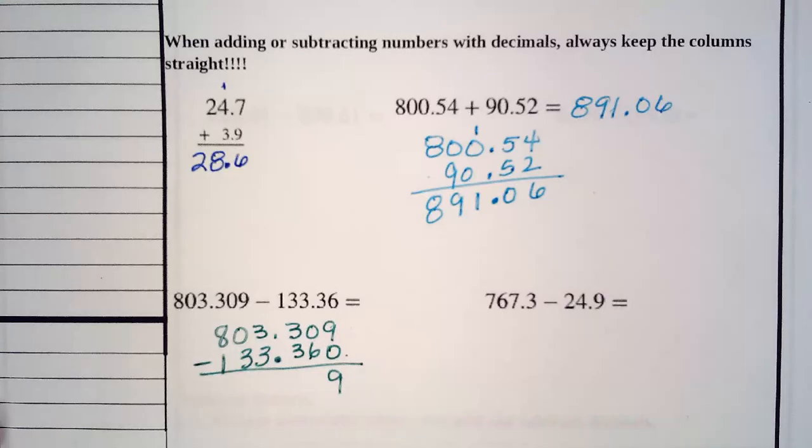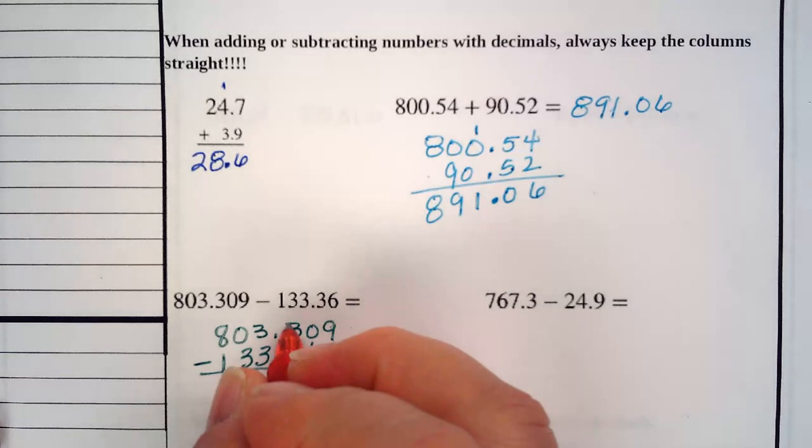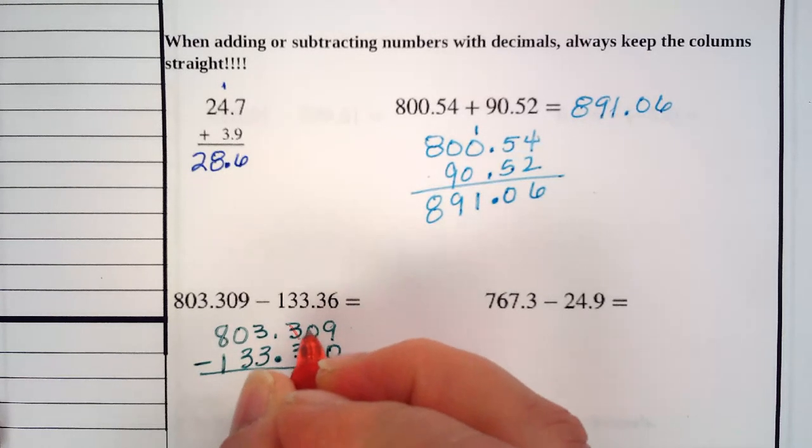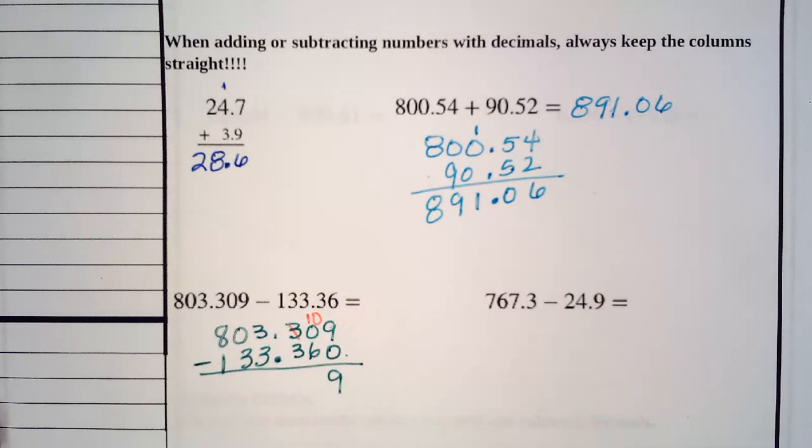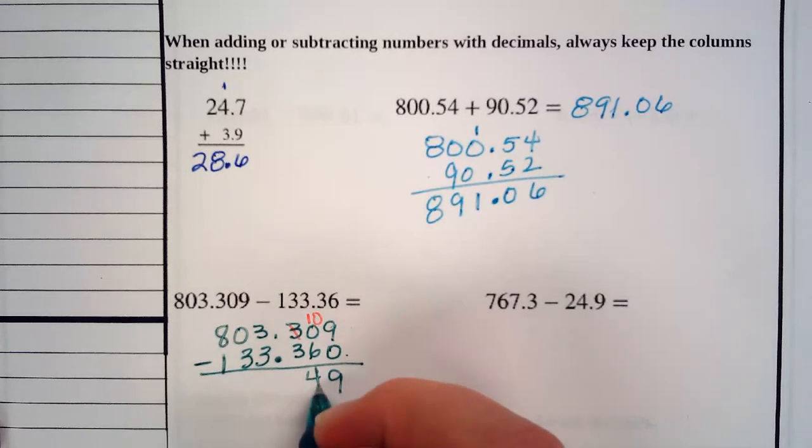I've got a 0 here. I know that I have to borrow from the tenths column. So this becomes 10. 10 minus 6 is 4.